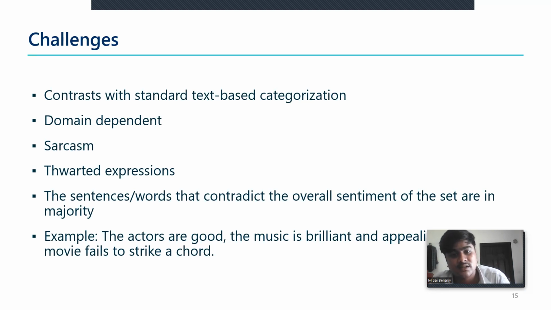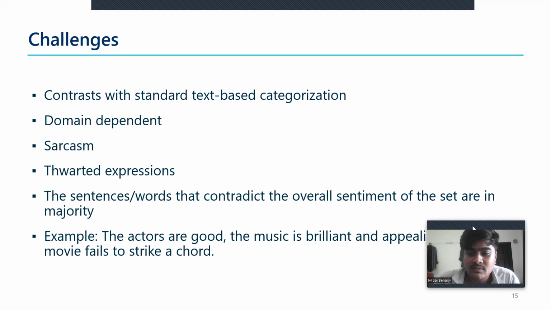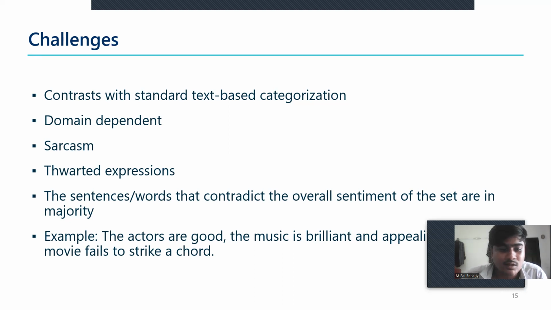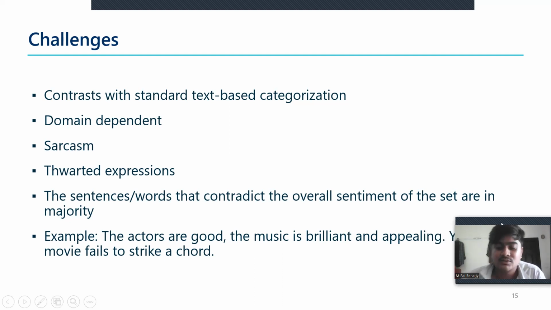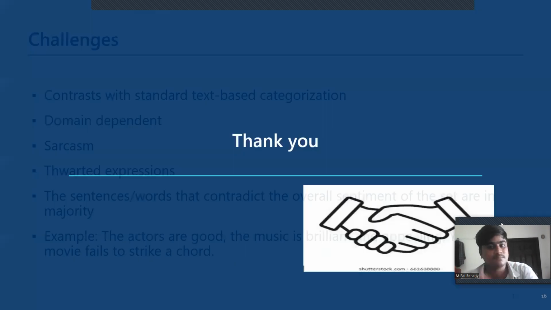Contrast with standard text-based categorization, domain dependence, and sentence-level words that contradict the overall sentiment are in the majority. For example: the actors are good, the music is brilliant and appealing, yet the movie fails to strike a chord. These are the challenges in sentiment analysis, and this is the movie example for that.